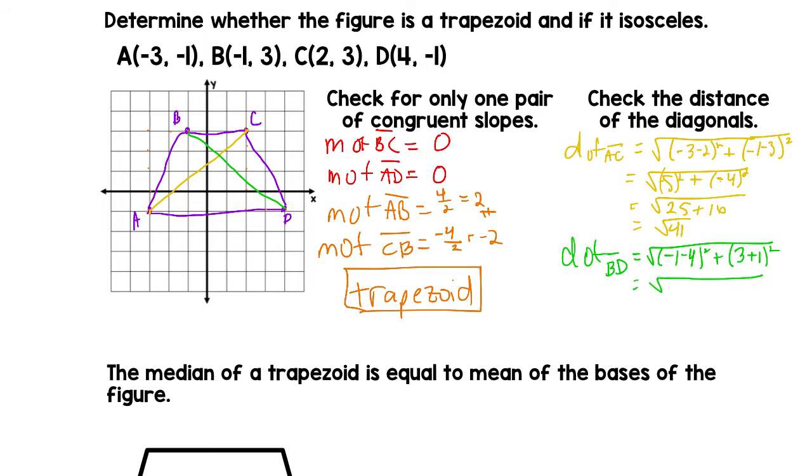That is -5 squared plus 4 squared, or the square root of 25 plus 16, or square root of 41. So yes, those diagonals have the same distance. That means this is isosceles.